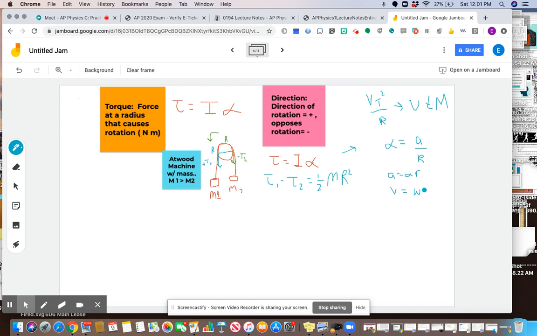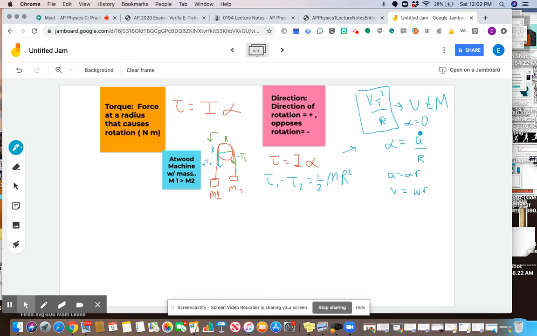Remember these two equations here? The linear acceleration or translational acceleration is equal to the angular acceleration times the radius. Tangential velocity or the translational velocity would be angular speed times the radius. In uniform circular motion, when there is no angular acceleration, we can use that relationship that the tangential velocity squared divided by the radius would equal a.